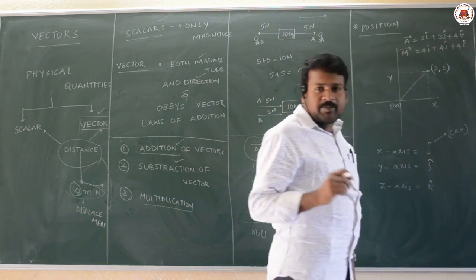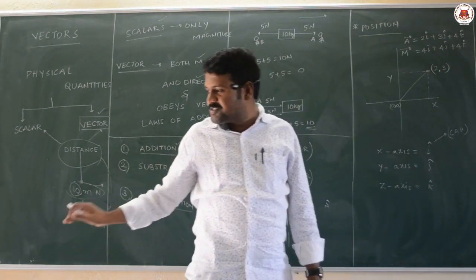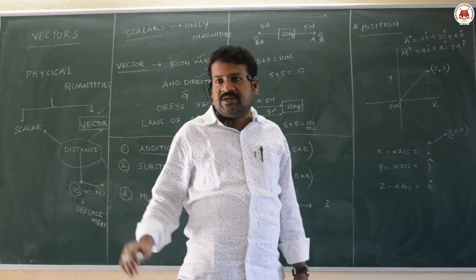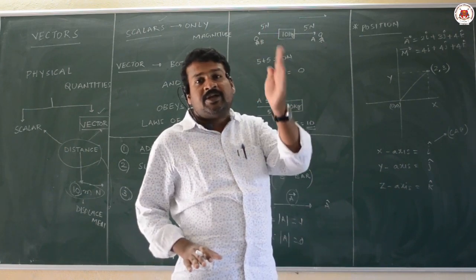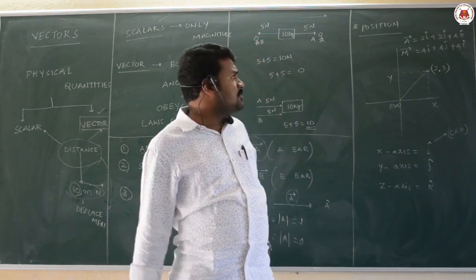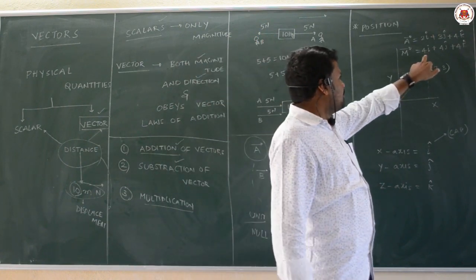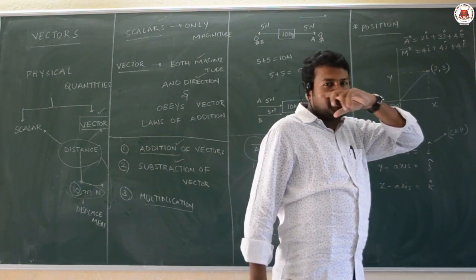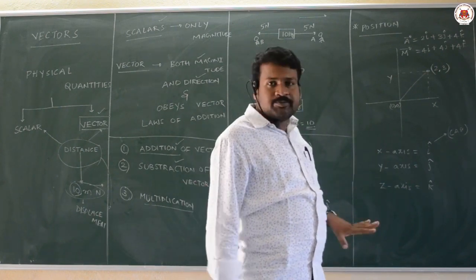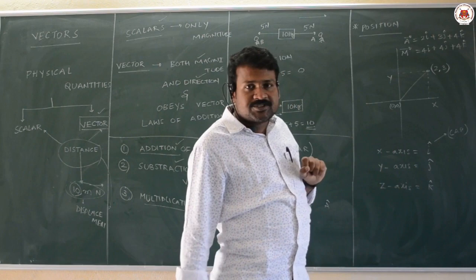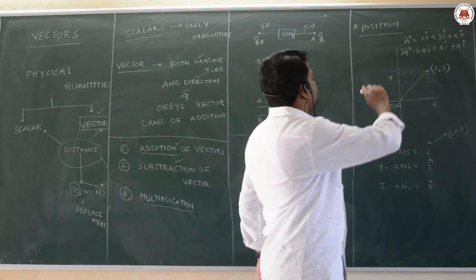The example is a monkey that walks 4 meters along the y axis, takes a left turn along the x axis, and again climbs a pole. Left turn means sometimes you can take this as minus i also, because it is going towards the negative x-axis. That is not the concern. The concept here is how to represent a position vector.